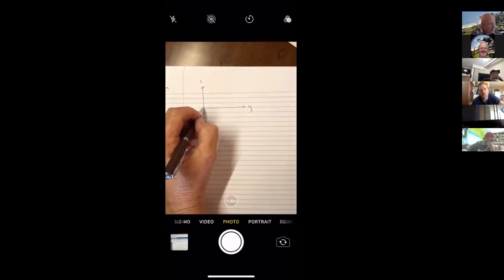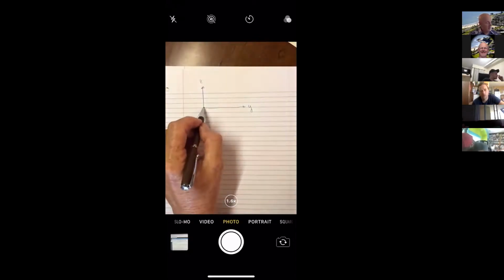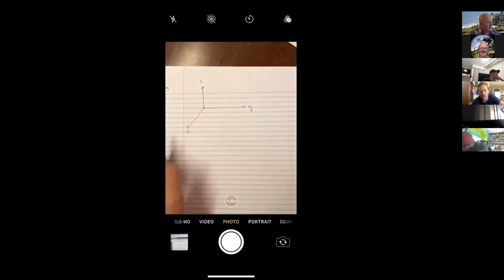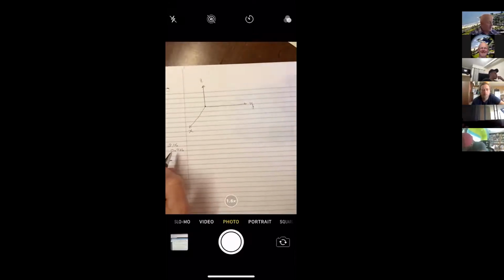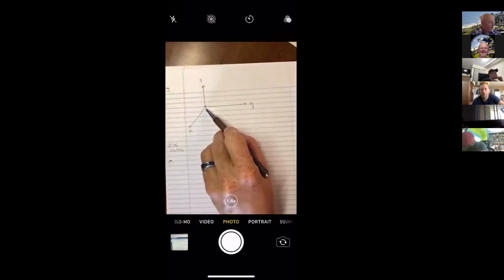Okay, so plane 1 is a horizontal distance of 2.06 kilometers directly east of the tower at an altitude of 0.962 kilometers. Okay, I'll pause right there. All right, so this is the control tower, and a horizontal distance to the east.